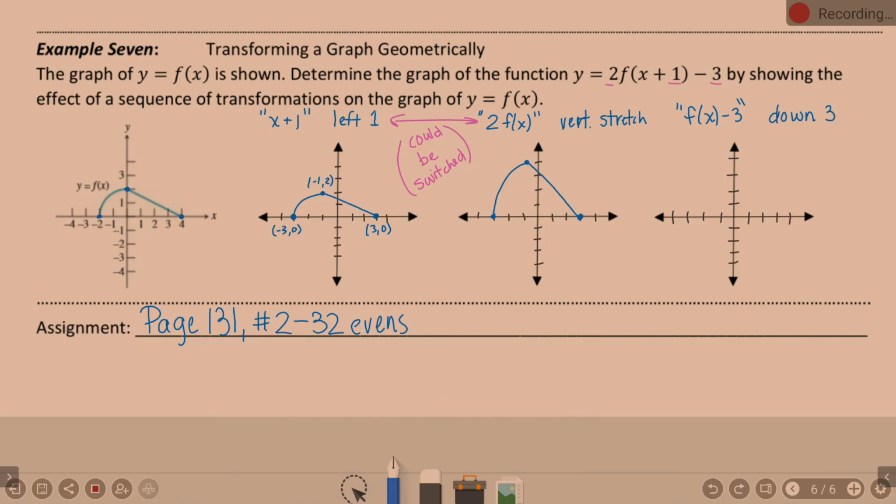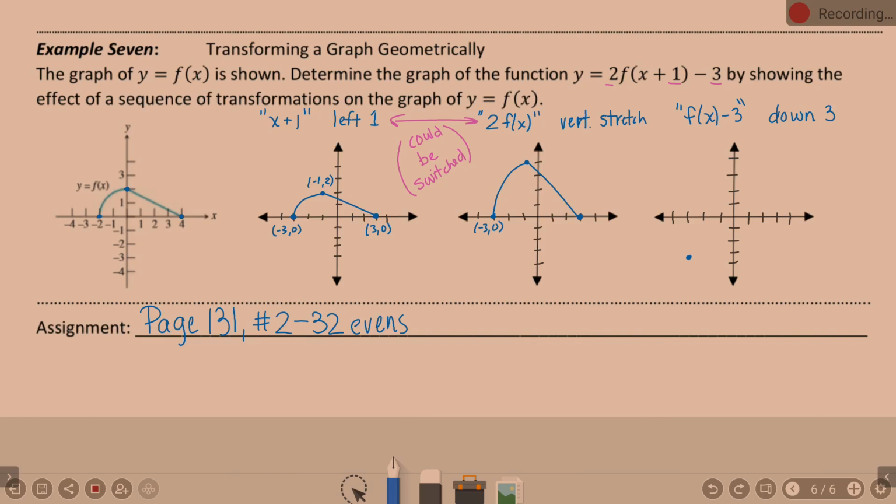Okay, and for each point, take that y down 3. I had a point that was at -3, 0. So if I move that down 3, I'm going to be at -3, -3. It's not that you have to label them. I was just trying to help.